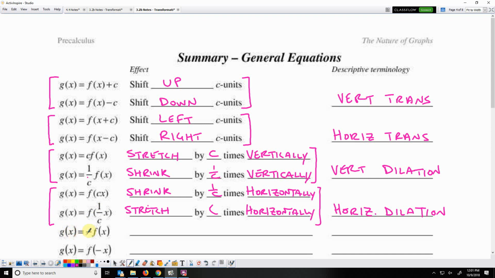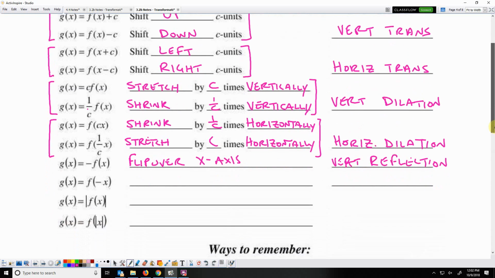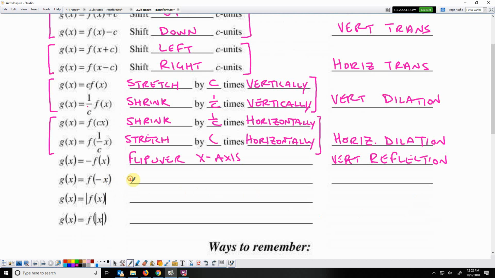When I multiply by a negative outside of a function, I'm going to flip over the x-axis. And that is a vertical reflection. When I multiply by a negative inside, it's going to flip over the y-axis.